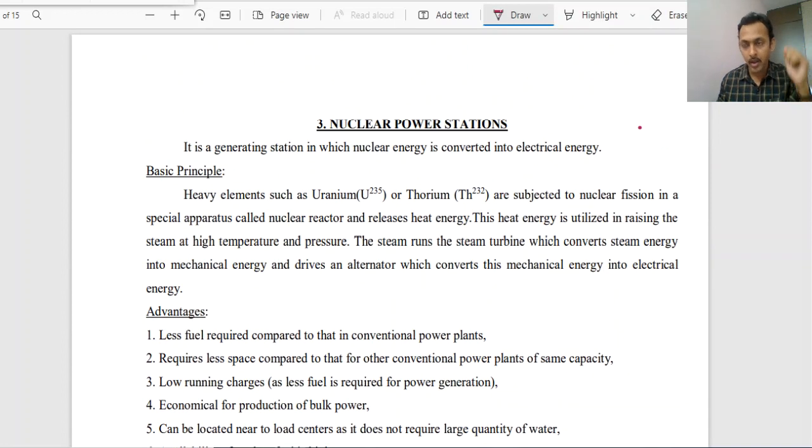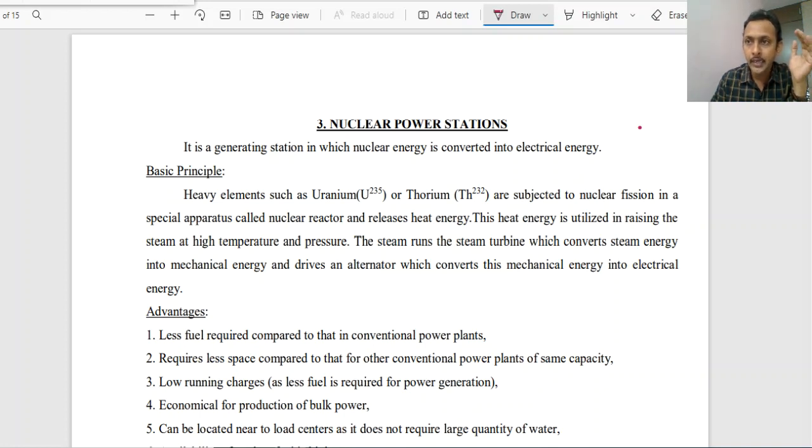Dear students, in our previous videos, we have discussed the hydro power plant and thermal power plant, right? Here, with respect to the nuclear power station, elements such as uranium-235 or thorium-232 will undergo the nuclear fission process. Once this material has undergone nuclear fission, it is going to release an enormous amount of heat.